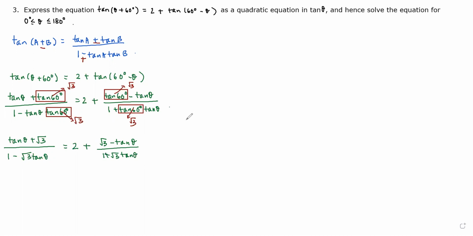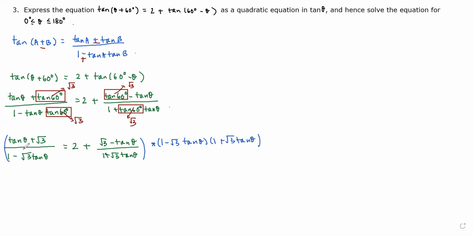To write this as a quadratic equation, you must eliminate the denominator. In order to do that, we can multiply this equation throughout by the product of the denominators. So you have 1 minus root 3 tangent theta, 1 plus root 3 tangent theta.